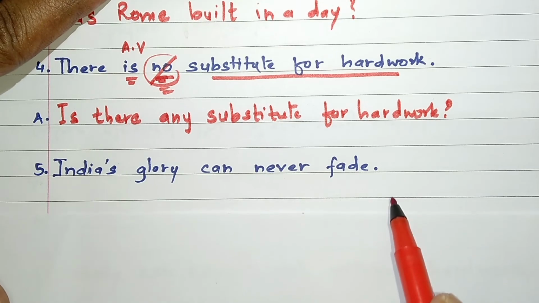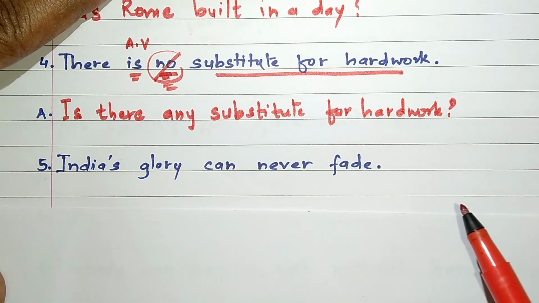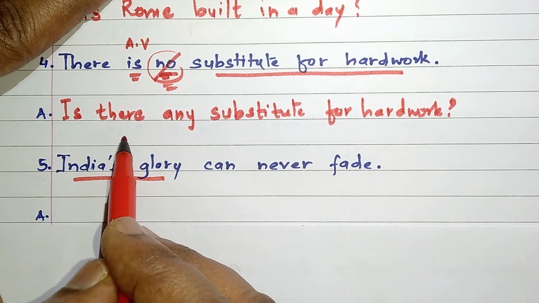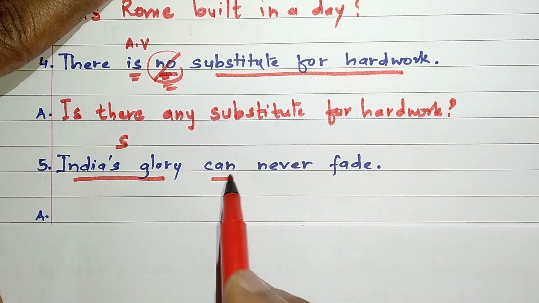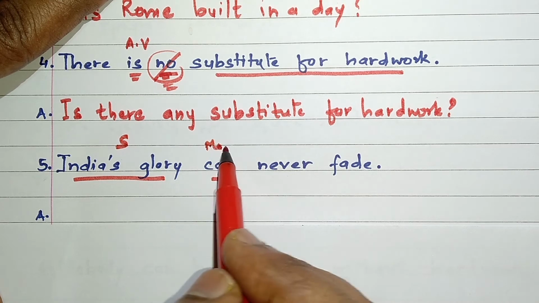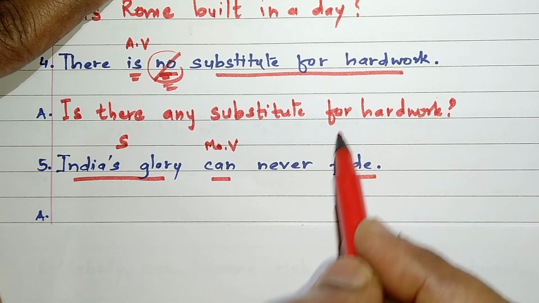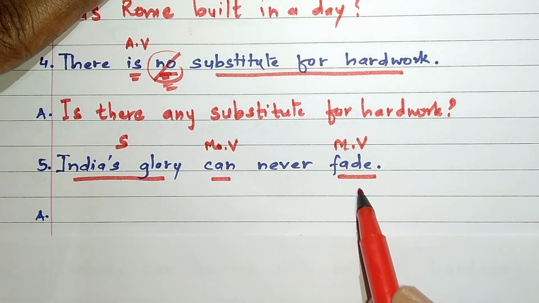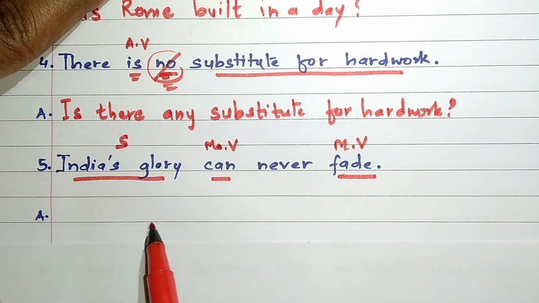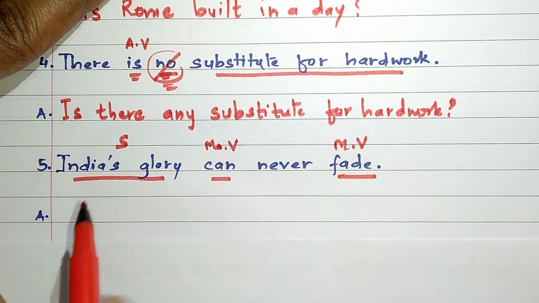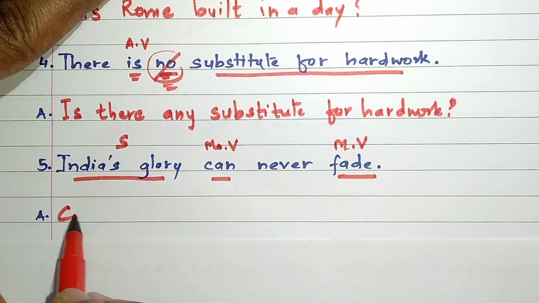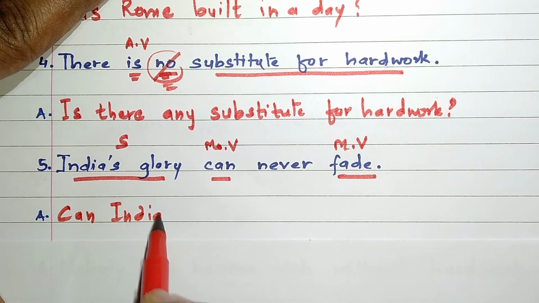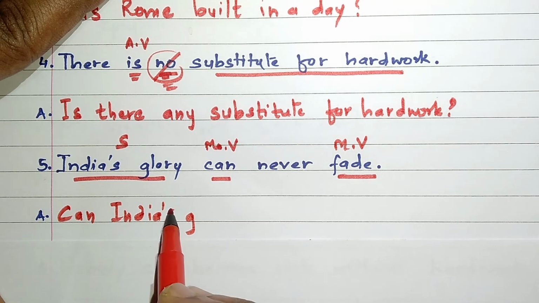Similarly, India's glory can never fade. Here India's glory is the subject, can is the modal verb, fade is the main verb. The sentence is negative, so our interrogative answer will be affirmative. So we will say, can, followed by the subject, that is India's glory.